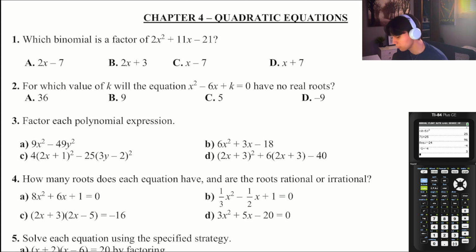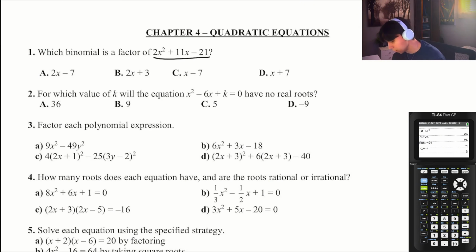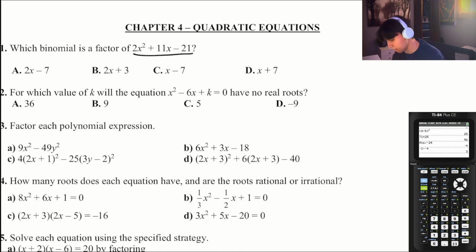We're asked to find which binomial is a factor of this equation here. To begin with, we have to factor this. To factor this, we have to do our AC method, or our decomposition.